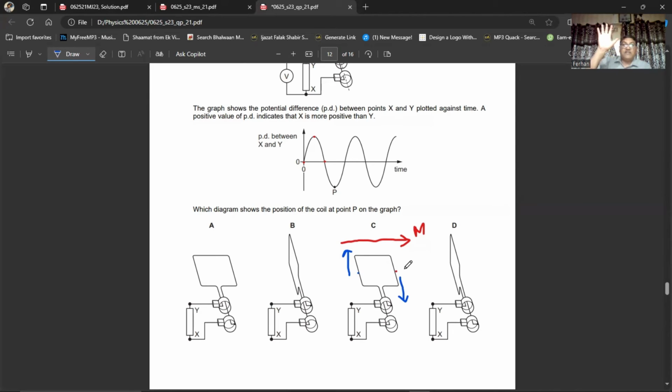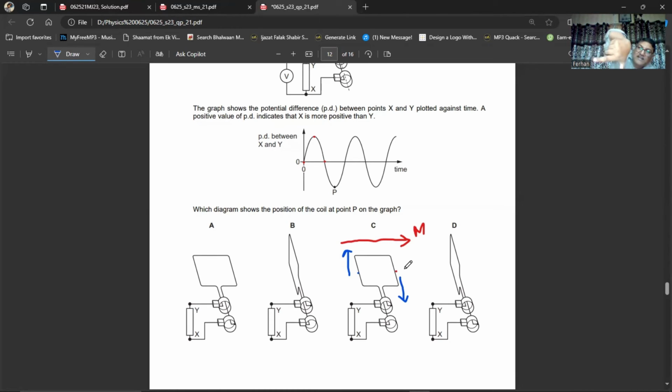I will stretch the three fingers of this right hand mutually perpendicular to each other. This is the force, the direction in which the coil is moving, this is the magnetic field, and this will be the conventional current. So this side is going downward, so the force is downward. The magnetic field is towards the right.